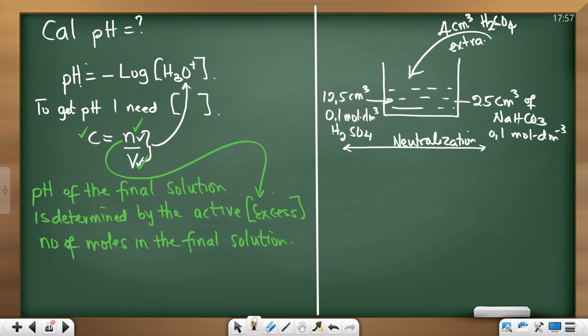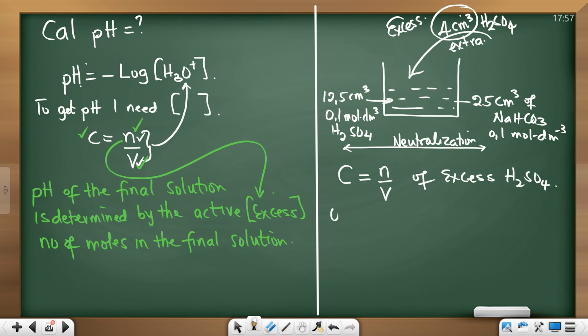Now watch this. The concentration of the final solution is number of moles divided by volume. Look at what I'm going to do. We added 4 cm cube. That's excess that we don't need. The question is, what is the number of moles that we have added? So I'm going to start by calculating the number of moles of excess sulfuric acid.